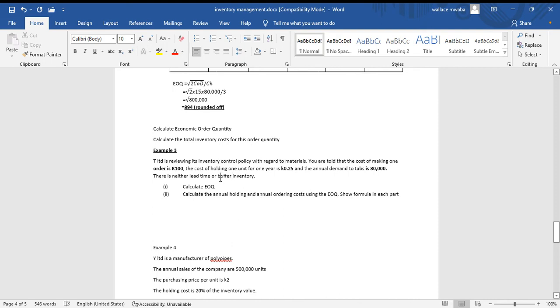You need it just in case you place another order and it takes time to come, so you do not end up with nothing to sell. So there's neither lead time nor buffer inventory. So calculate the economic order quantity.